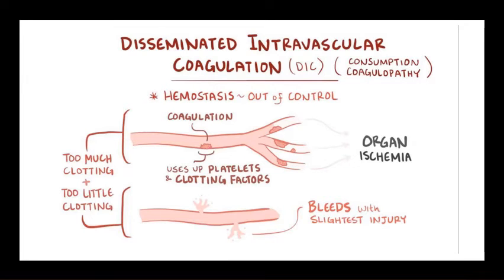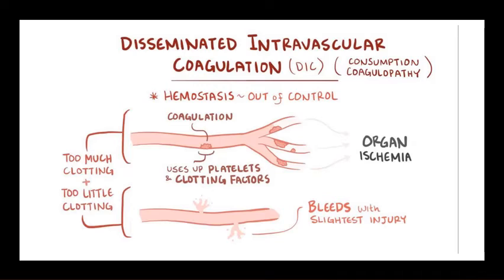Now that we know the normal function of the blood clotting system, it is a lot easier for us to understand how disseminated intravascular coagulation can affect our bodies. It usually starts with an underlying disease releasing procoagulants, which increases the formation of clots as opposed to fibrinolysis. DIC uses up these platelets and clotting factors, which forms clots throughout the blood vessels, as shown in the blood vessel on the top.